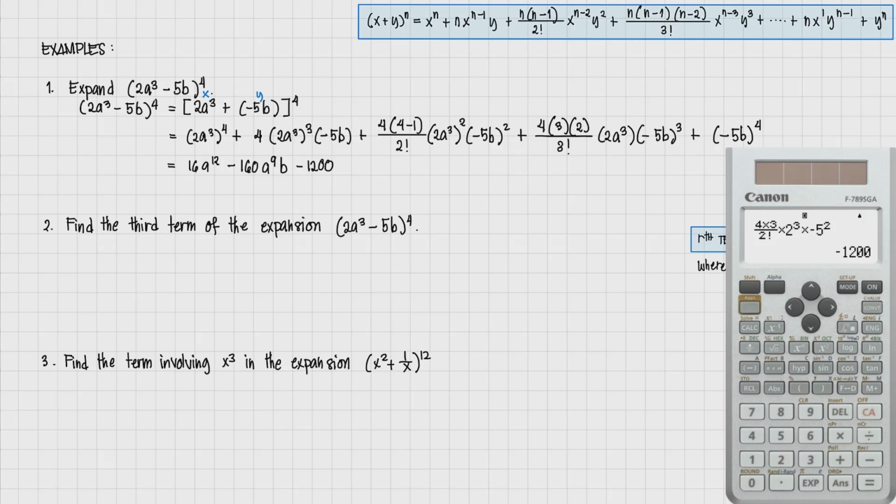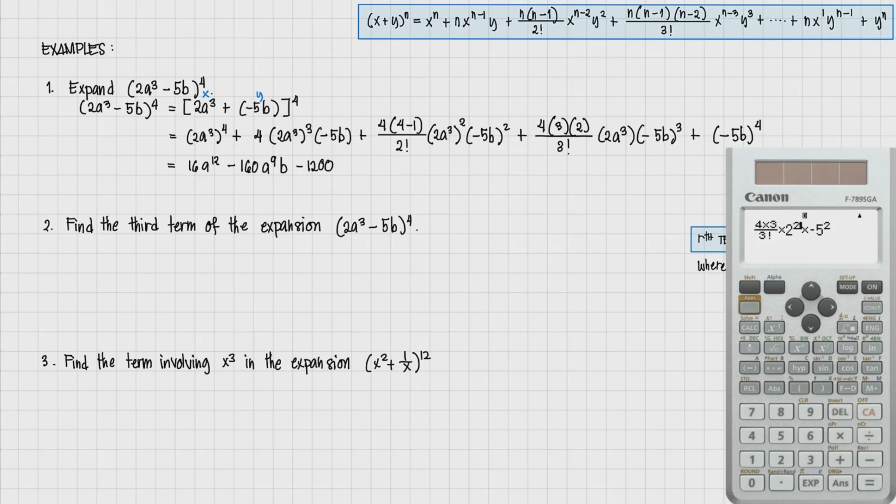And then we have 4 times 3 times 2 divided by 3 permutation. 2 is raised to 1 na. Oh wait, I think we got this wrong. This is supposed to be 2 raised to 2 pala.